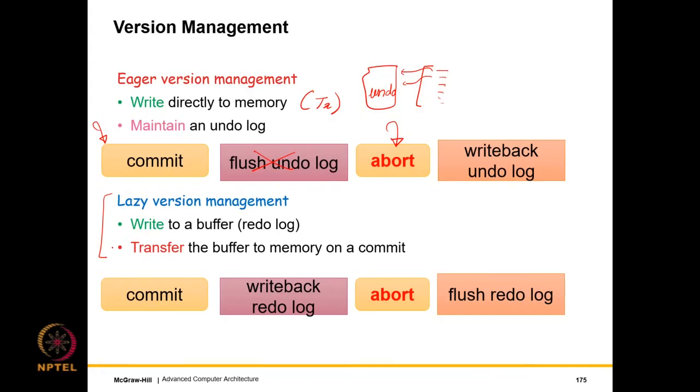Lazy version management. For lazy version management, we write to a buffer, which is a redo log. Whenever we do our writes, we don't write directly to the memory system, but we write to a separate region, which is known as a redo log. And once there is a commit, we transfer the contents of the redo log to the actual memory system.